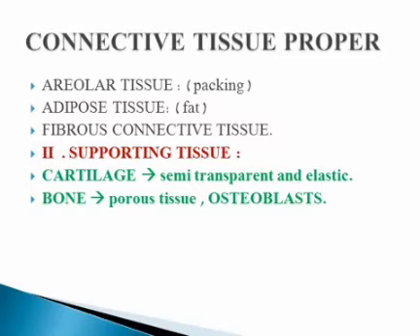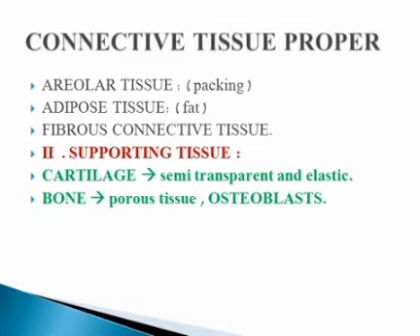Next is supportive connective tissue. The supporting tissue has two subcategories: cartilage and bone. Cartilage is a non-porous tissue, and the intercellular substance is thickened.